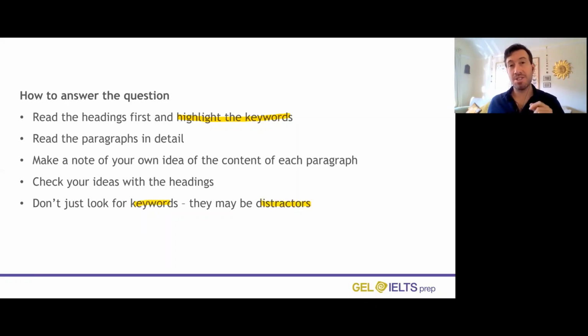What I mean by distractors is they might be something that makes you think, ah, yes, this is the correct answer. But actually, the people writing the exam put it there to distract you, to take your attention away from the correct answer. So if you're just looking for keywords, a lot of the time you'll make a mistake. And it's really, really important that you try to get a full understanding of that paragraph that you're reading.